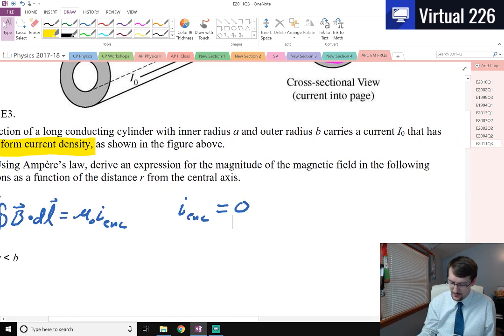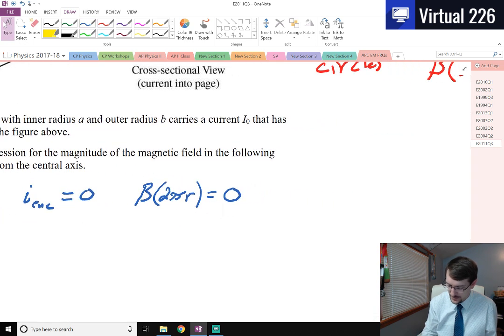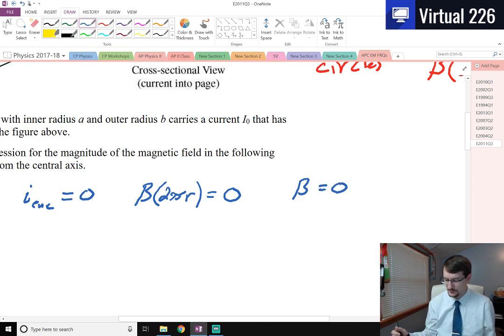Which means that when I apply Ampere's law here, the B field through some circumference, 2 pi r, has to equal 0. Which means that the B field equals 0. And that's it. What an easy part.